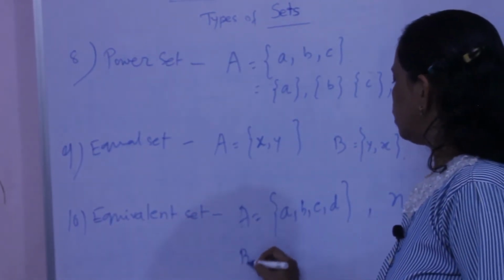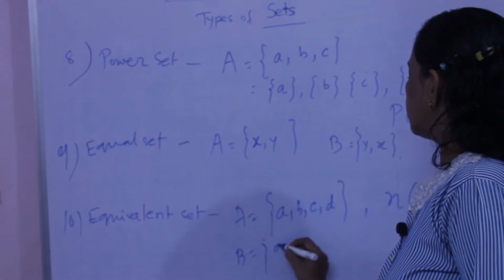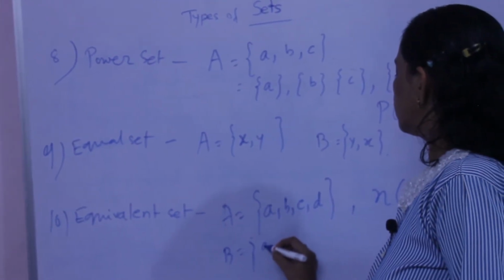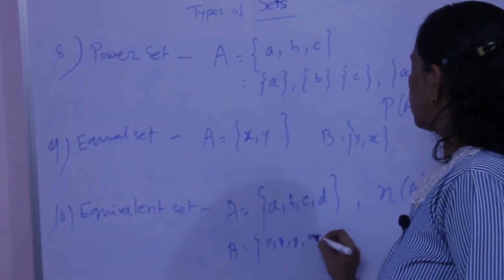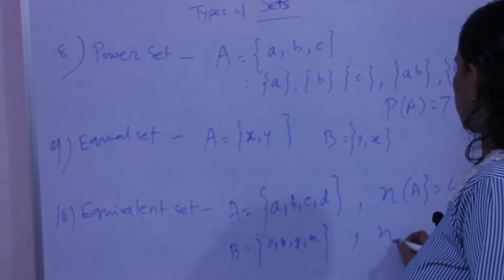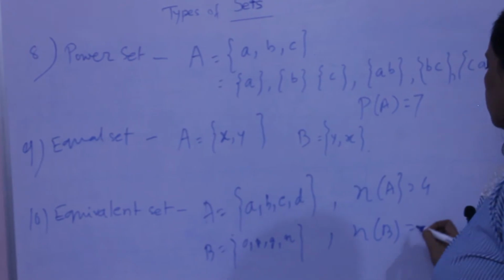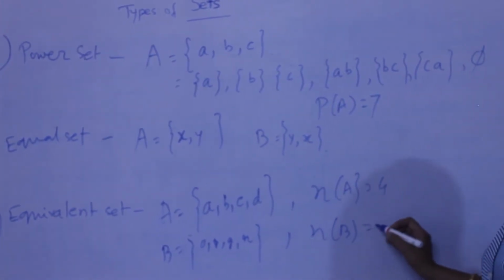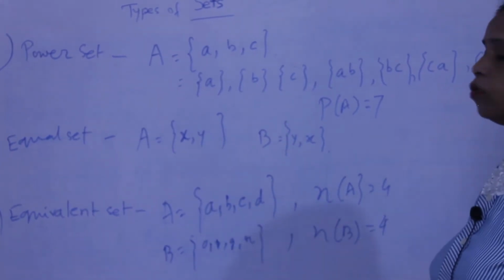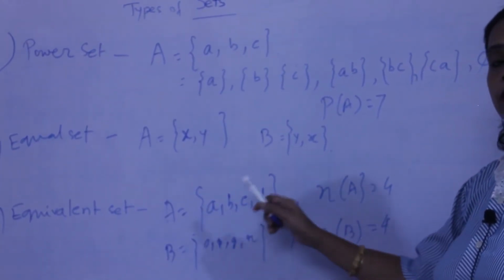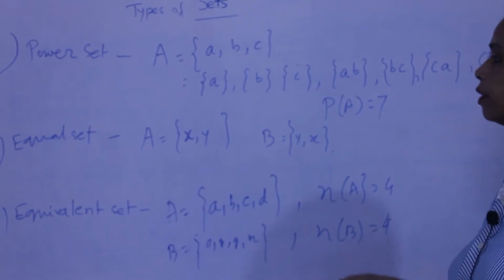Suppose this is set B containing elements O, P, Q, R. So what is the number of elements here? The number of elements here is also 4. So both are called equivalent sets. Both sets have the same number of elements. That's why they are called equivalent sets.